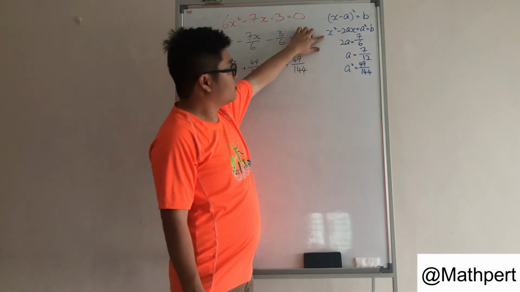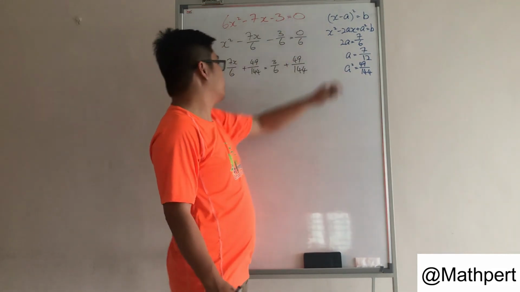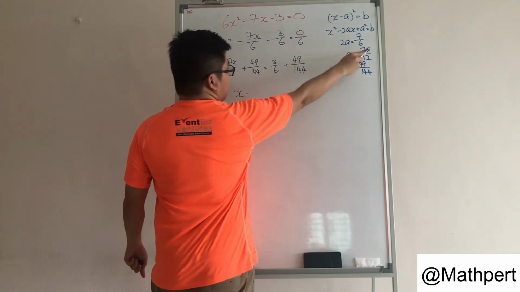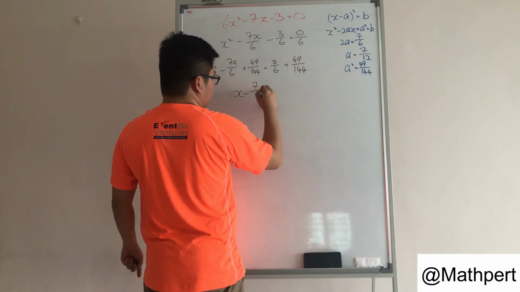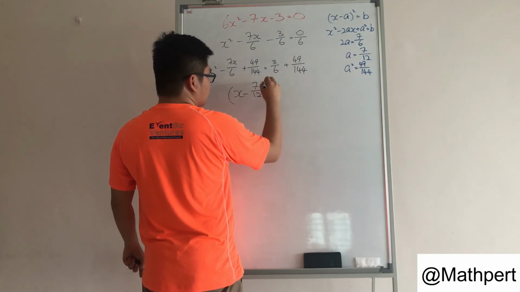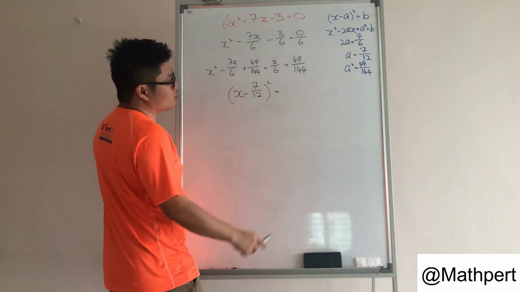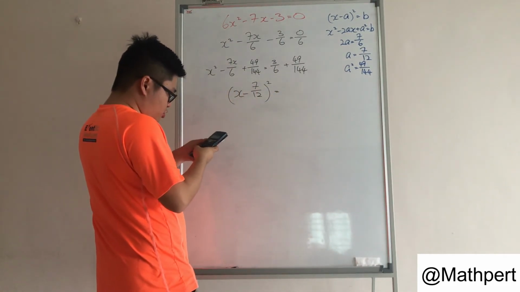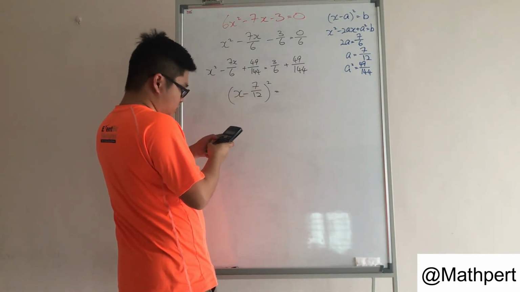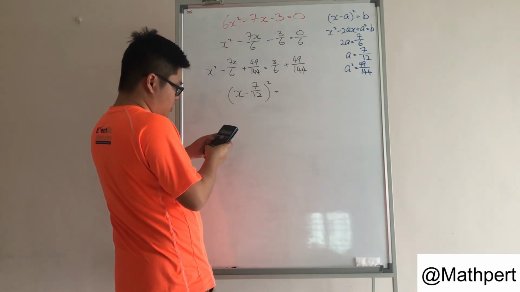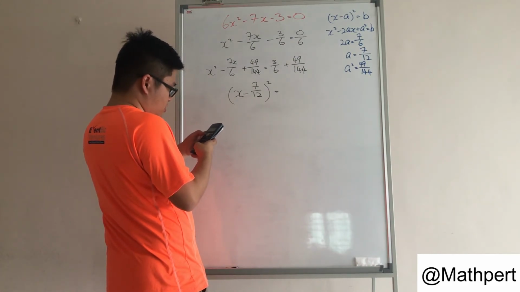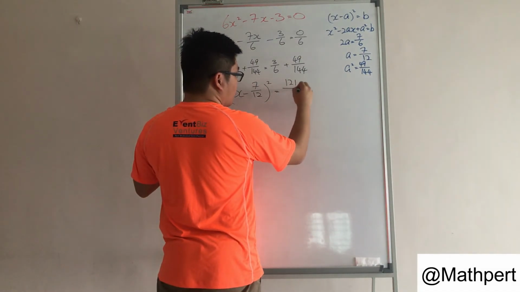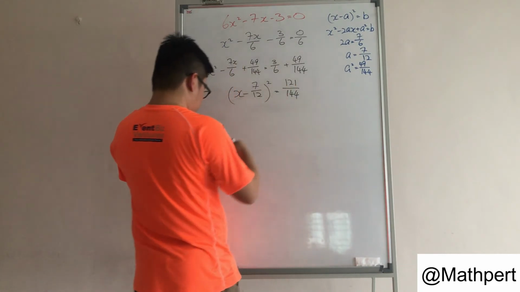So from here we can change it to here, and it will become x minus a. A is 7/12. So x minus 7/12 whole thing squared equals 3/6 plus 49/144. It will become 121/144.